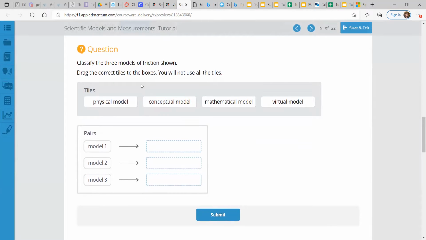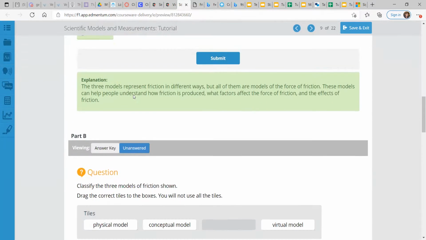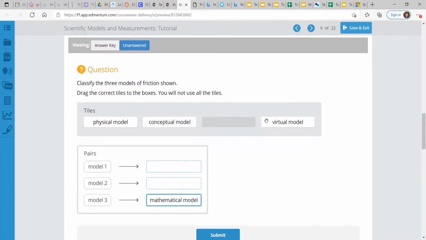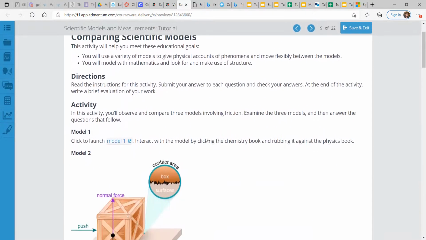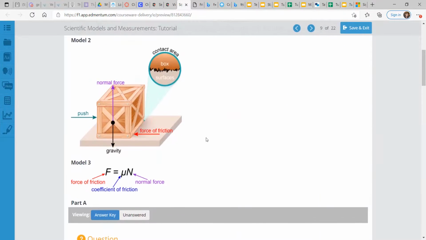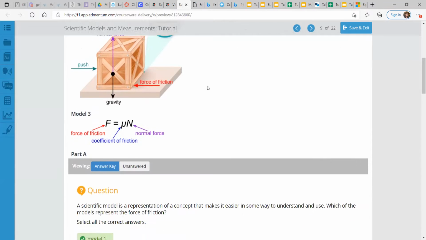Let's keep it unanswered for now. Drag the correct tiles to the boxes. You will not use all the tiles. So we definitely know the last, model 3, is using math. That looks like an equation. Model 1 is virtual. If we were in class, we would use a physical model. But for now, we're using this PhET simulation.